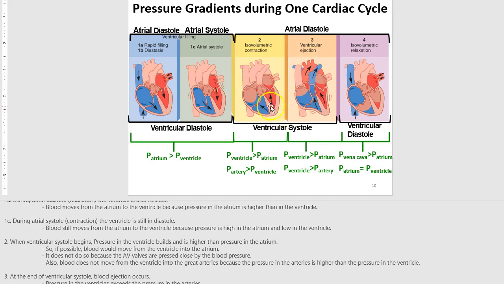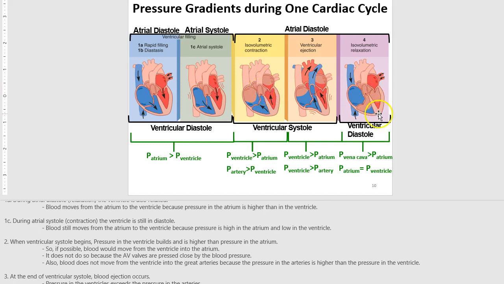At the beginning of ventricular systole, there was still some blood, not shown in the diagram, present in these arteries, but blood won't flow backwards, and pressure is building in the ventricles. But the force isn't enough to exceed the force that's present in the arteries.